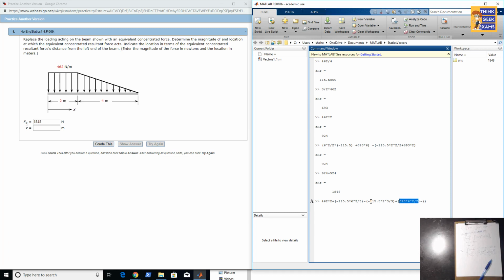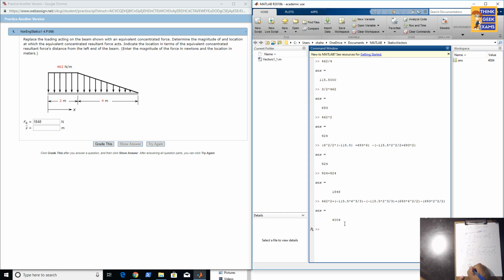So we're just going to copy that, and we're going to write 2 squared over 2, and that's your final answer for the MR. So this is 4004.